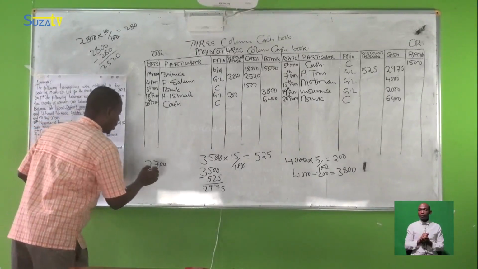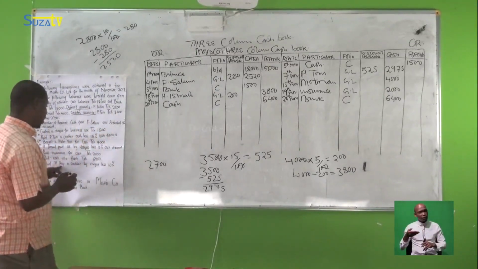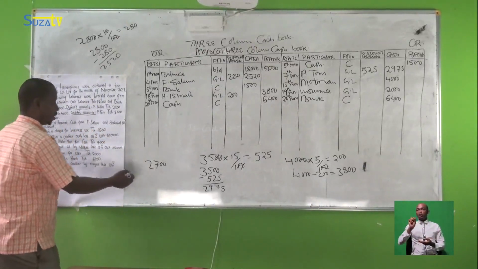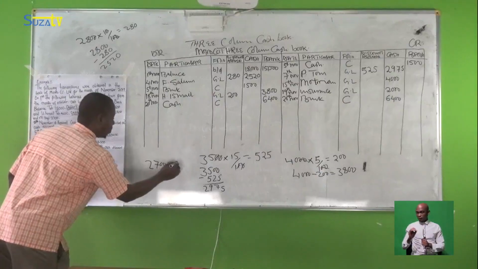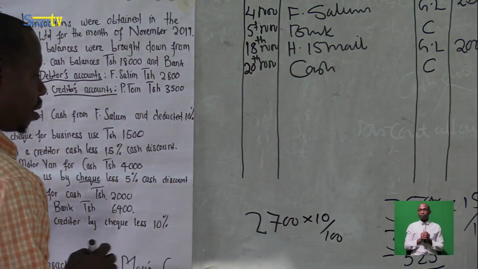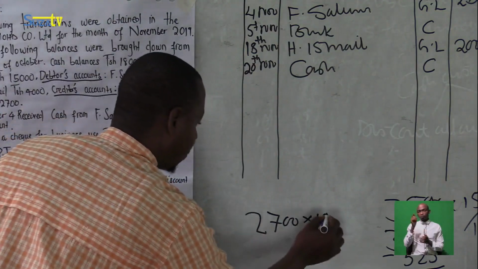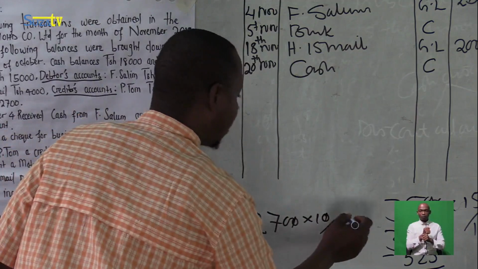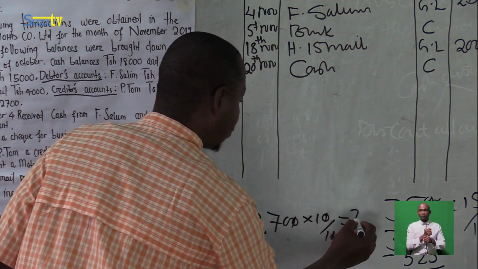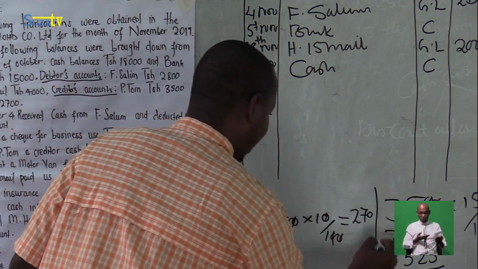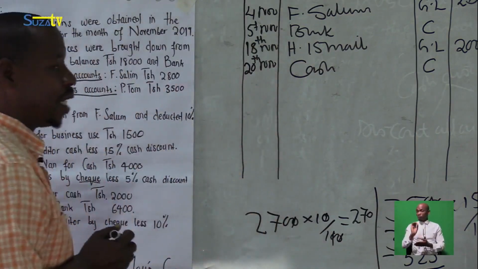And then M. Haji gives a discount of 10%. Remove the zeros, and the business will receive 270 as a discount from M. Haji.